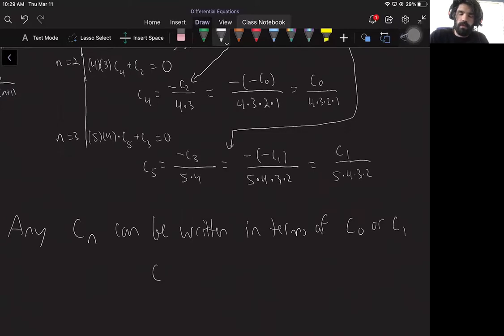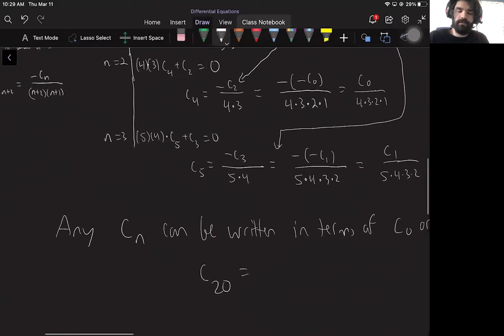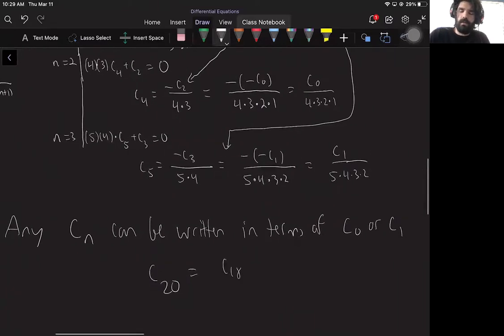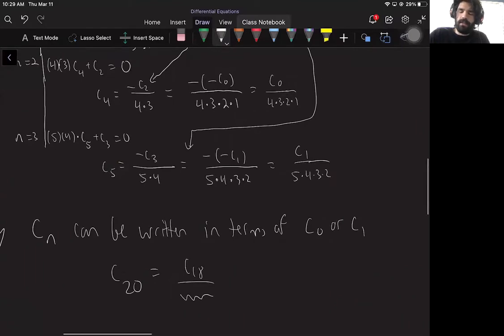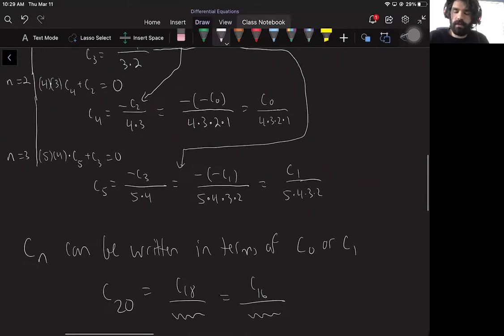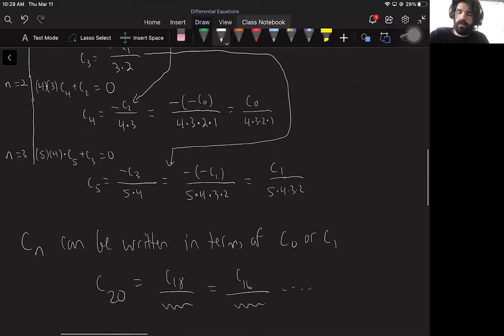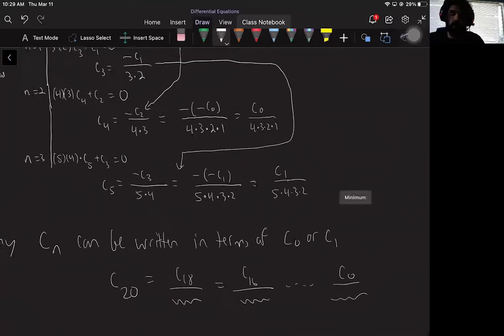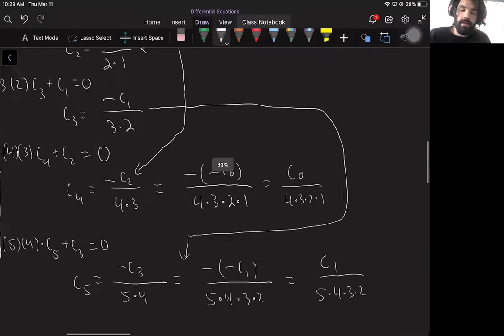So if I pick C20, then I could write that in terms of C18 divided by some stuff. But then that C18 I could write in terms of C16 divided by more stuff from the previous terms until it goes all the way down until C0 times a bunch of stuff underneath. And we can see that that's the pattern being established here.